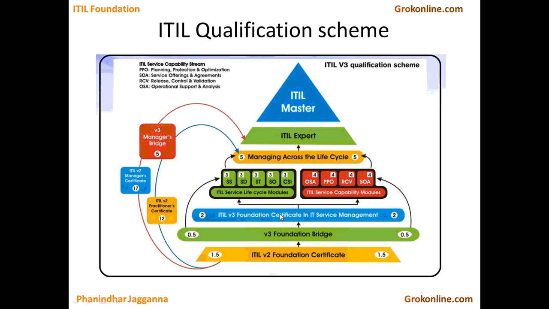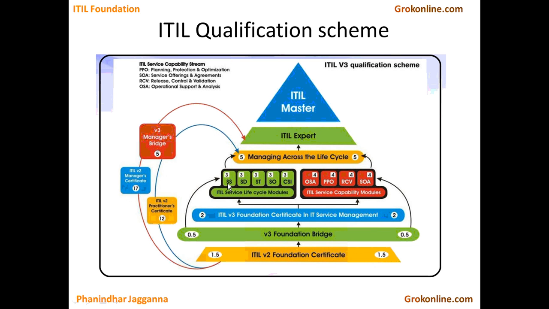Once you have cleared the ITIL foundation certification, you have to decide whether you want to go for the life cycle based model certifications or the ITIL service capability modules. There are 4 different capability modules: PPO, that's planning, protection, optimization; SOA, that's service offering and agreements; RCV, that's release, control and validation; OSA, that's operational support and analysis.